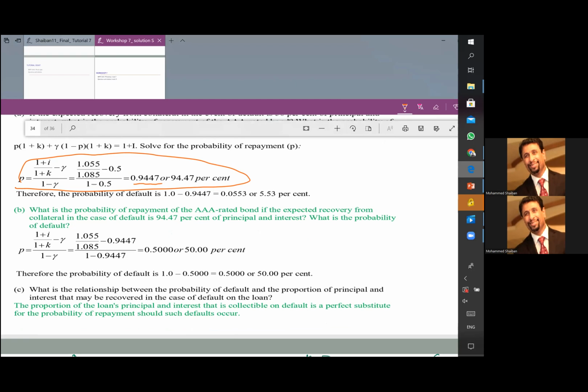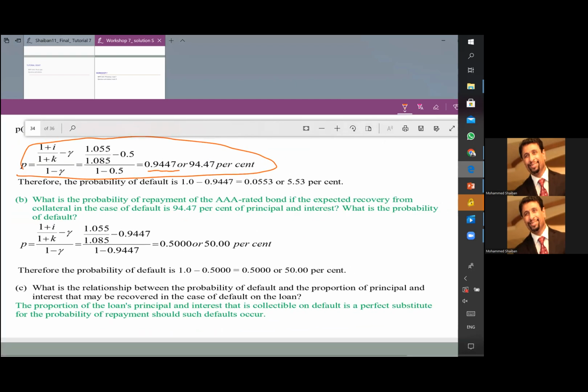If you have a high collateral, then the probability of payment will be less.